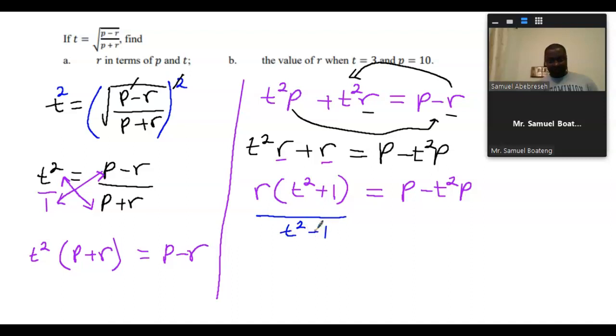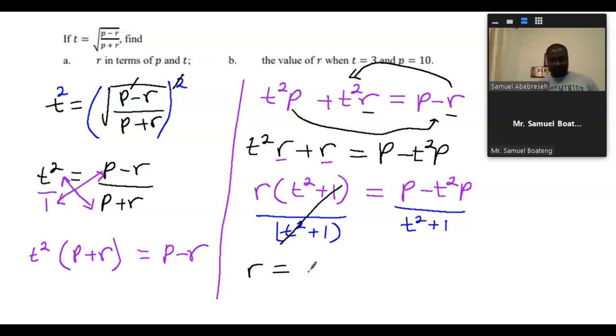Put them in brackets. Good. So on the left-hand side, see, you can cancel what is in the bracket.